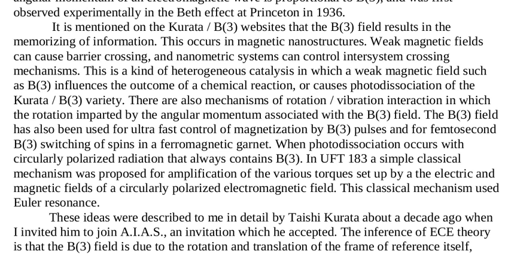When photodissociation occurs with circularly polarized radiation that always contains B3, the process can be described in UFT 183, for example, as a classical mechanism. This proposes amplification of various torques set up by the electric and magnetic fields of a circularly polarized electromagnetic field. The classical mechanism uses Euler resonance.